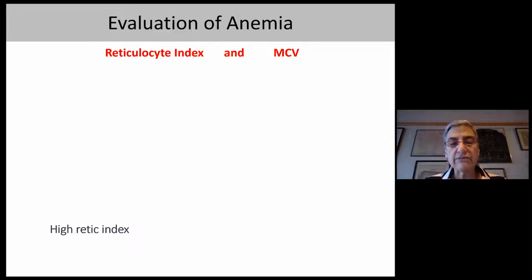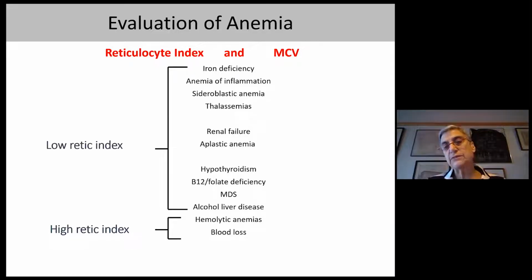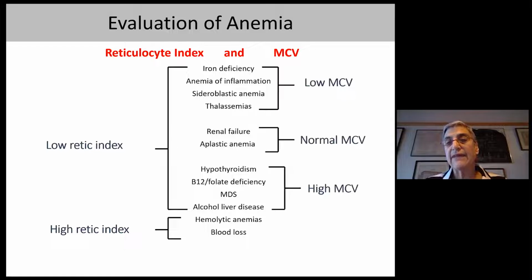A high reticulocyte index is only consistent with either hemolytic anemias, which can be congenital or acquired, or blood loss. All of the other analysis is based on hypoproliferative anemias, or anemias with a low reticulocyte count or inadequate reticulocyte response. That's when we look at the MCV, whether it's low, medium, or high.